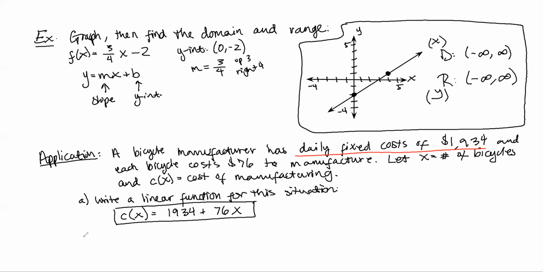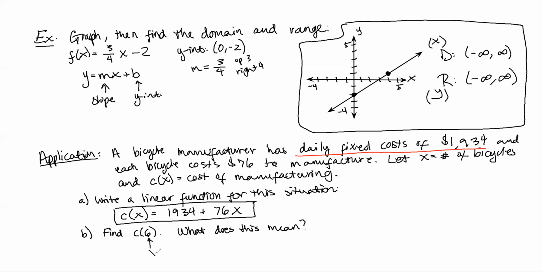Part B wants us to find C of 6. Now I'm going to leave this part up to you guys because it's on the homework. Think about what we do with the 6. And then they also want to know, what does this mean? And for that part, think about, you plugged in the 6.